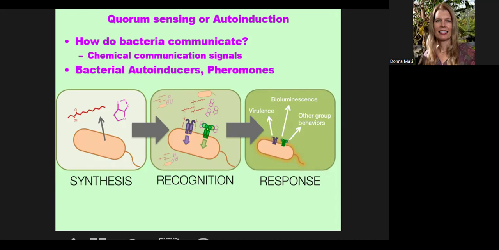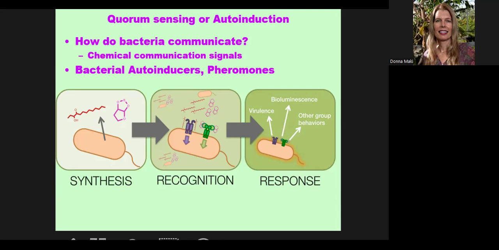And so some of the terms that have been given to these chemical signals are called autoinducers, pheromones. The pheromone term is taken from the idea that animals have pheromones as a means of chemical communication. So you'll see those in the literature quite a bit.